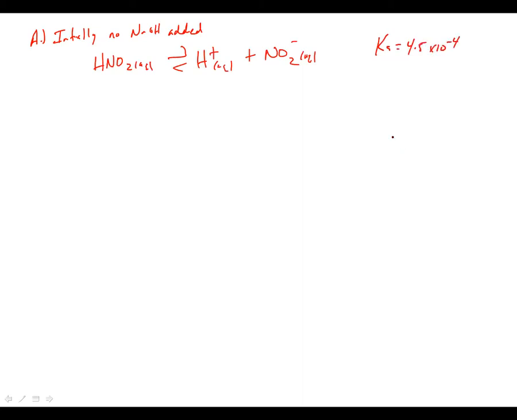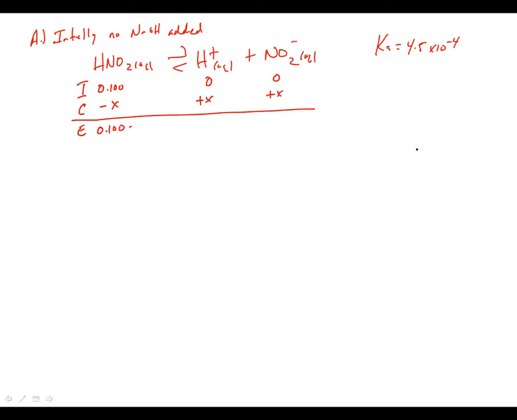So initially in this table, we have 0.1 molar, 0 for this, 0 for this. The change is going to be minus x, plus x, plus x. At equilibrium, we have 0.1 minus x, x, and x.